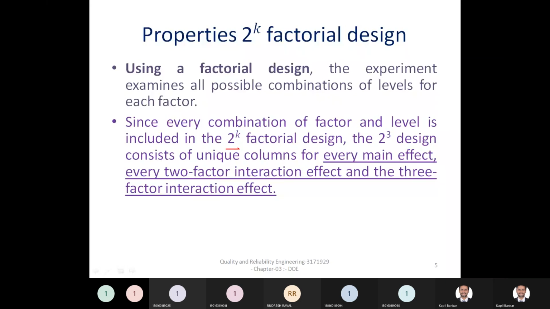Take an example, that is a 2^3 design. 2^3 means here 2 designates the level, and 3 means there are 3 factors, that is, 2 levels and 3 factors.